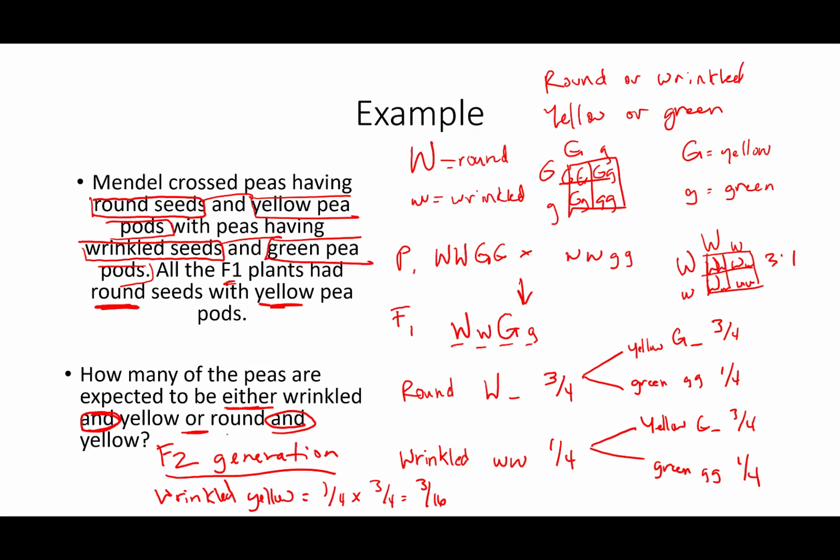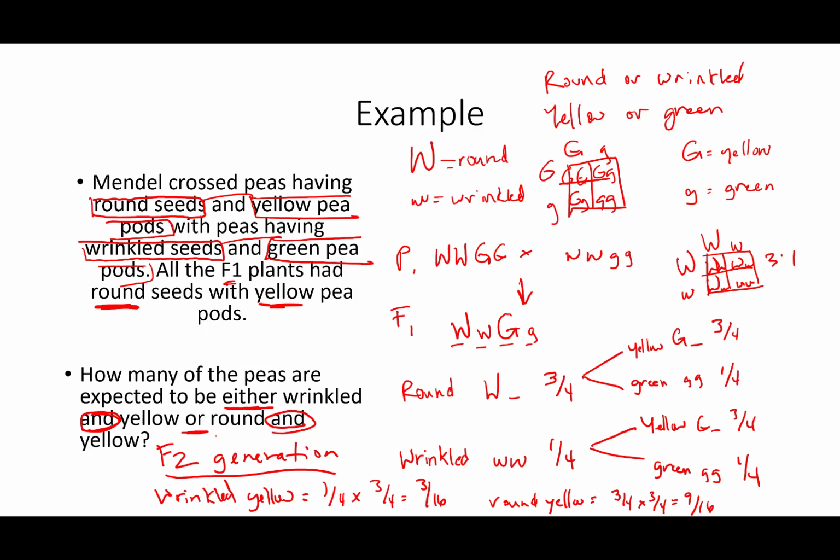Okay, the other thing is round and yellow. So round yellow is going to be equal to 3/4 times 3/4, which is equal to 9/16.